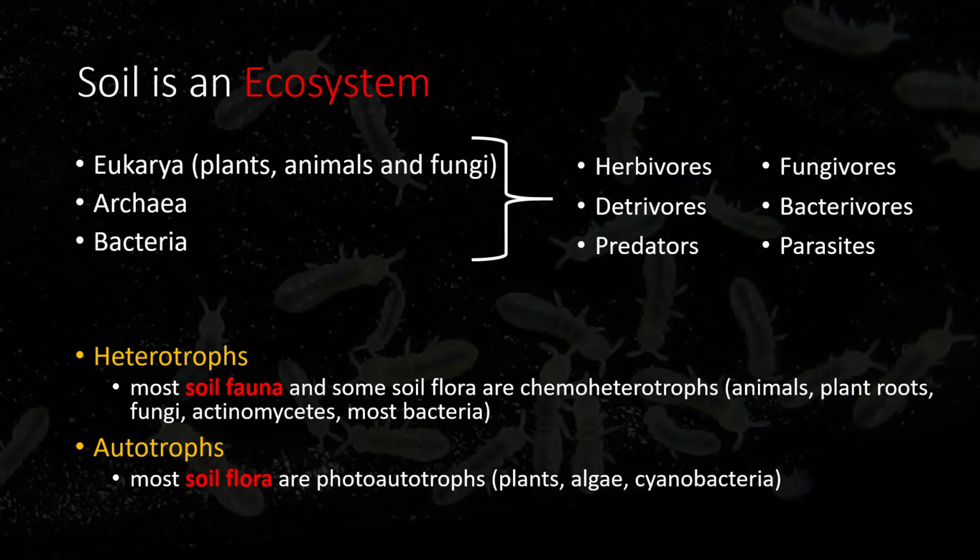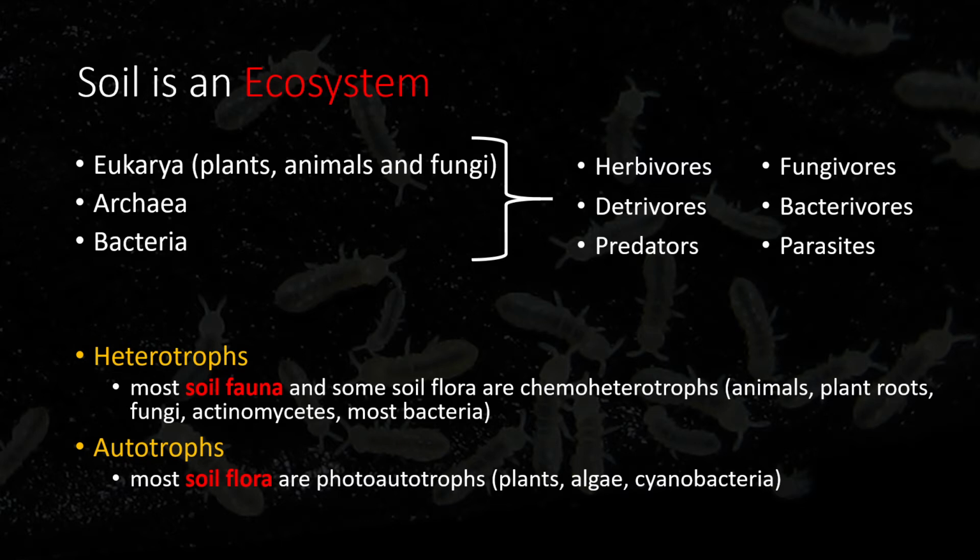Within that soil, you're going to see all the parts of an ecosystem. You're going to be seeing plants and animals and fungi. We're going to be seeing even bacteria and archaea. And they have all those different roles that you're used to seeing in food webs, right? Herbivores, detrivores, predators, they're all there.